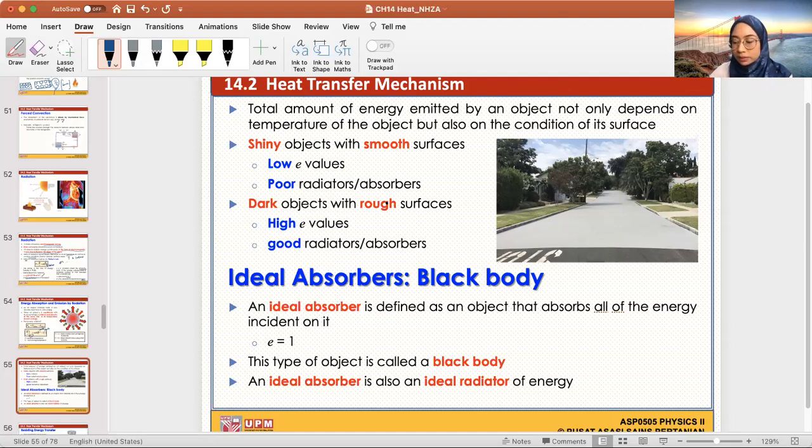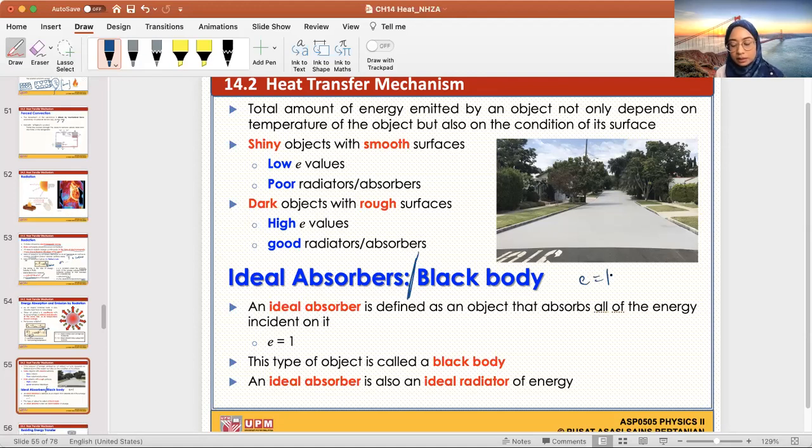Okay, another term that you need to know is the ideal absorber or the black body. When they use this in questions, what is the heat radiated by a perfect black body? By that example, dia orang tak kasih E. So you already know, okay, black body, E dia always 1.